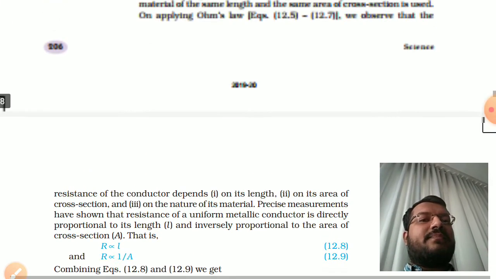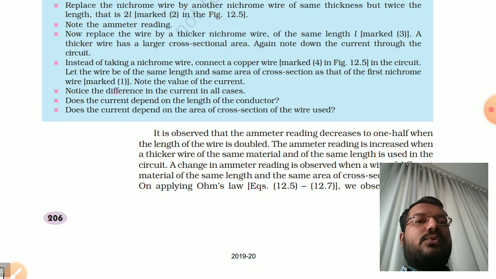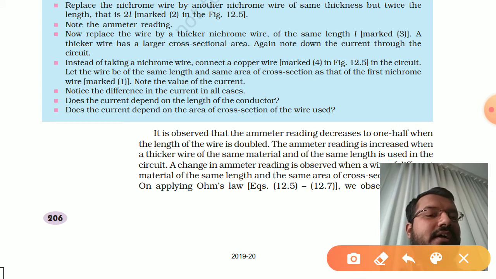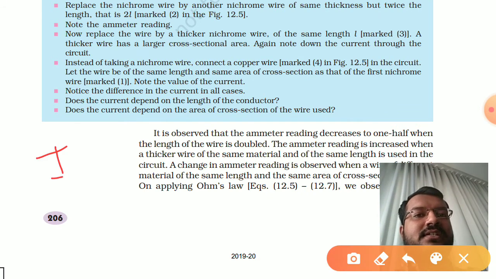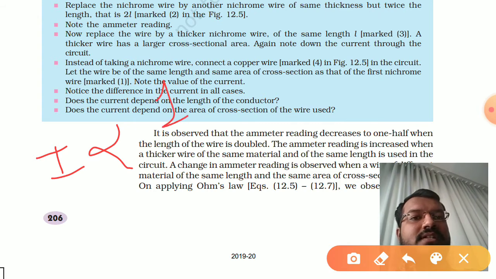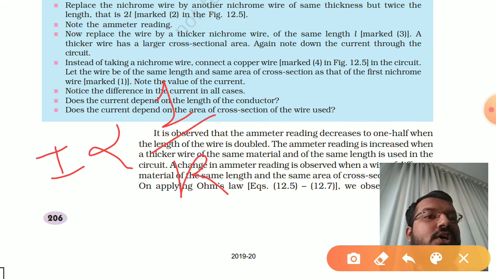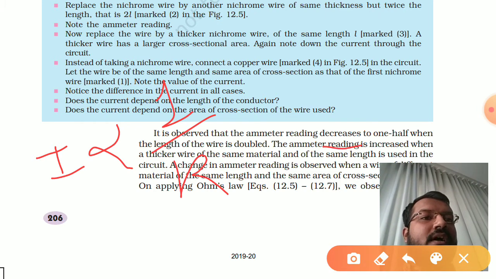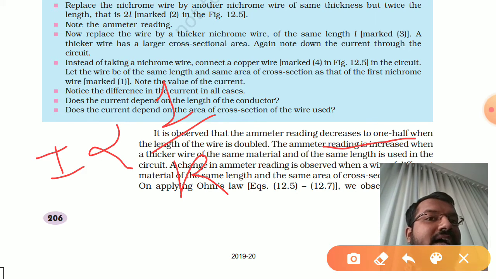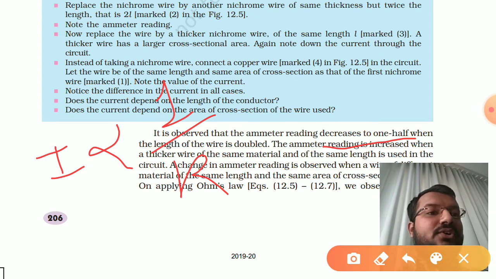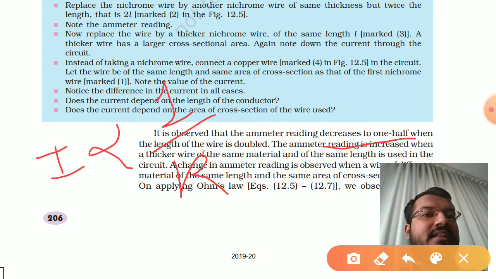Okay, see, first of all you have to remember the relation between current I and resistance R, which is I is inversely proportional to R. Okay, so in first case what happened, our I is half, so when I is half, it means R is increasing. So we can say that when we double the length of the wire, then our R will be increasing.